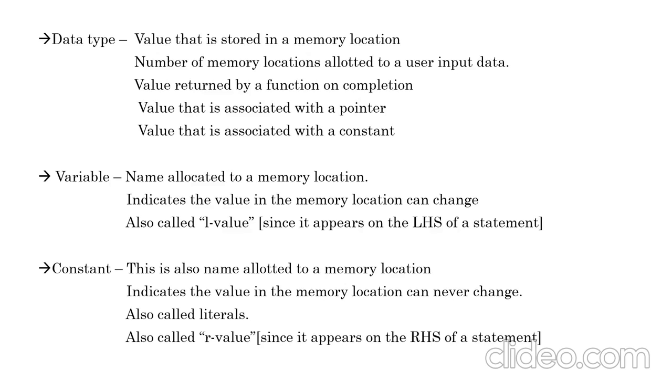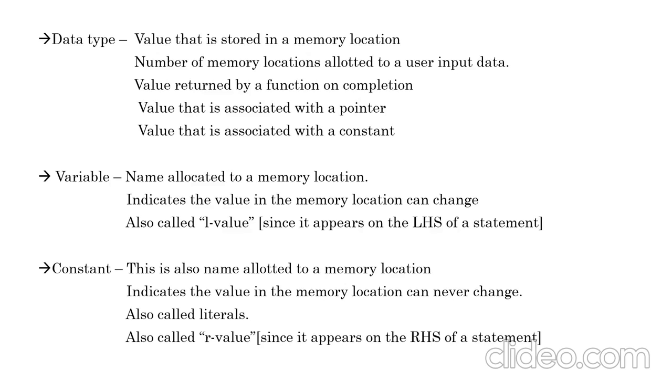Suppose there are two memory locations, one is called A, another one is called B. I want to make a change to the value that is stored in B. So if A is holding the memory location B, and I am making the changes through the pointer, automatically it will be reflected in the value present in B.